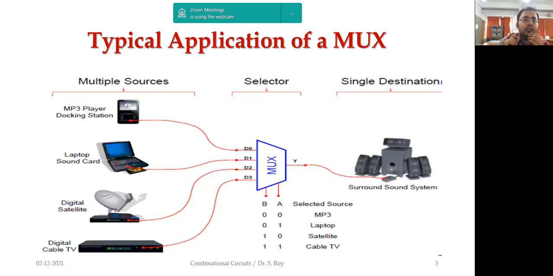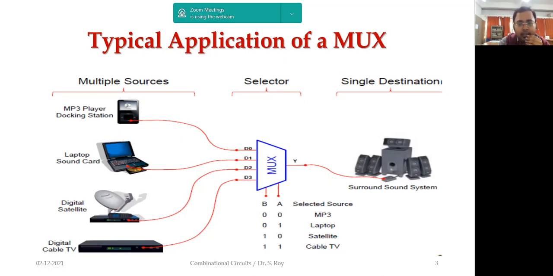But here multiple sources are there, and only one destination, that is the sound system. At a time, we can connect any one of these sources: either a mobile phone, a laptop, digital satellite, or the digital cable TV.